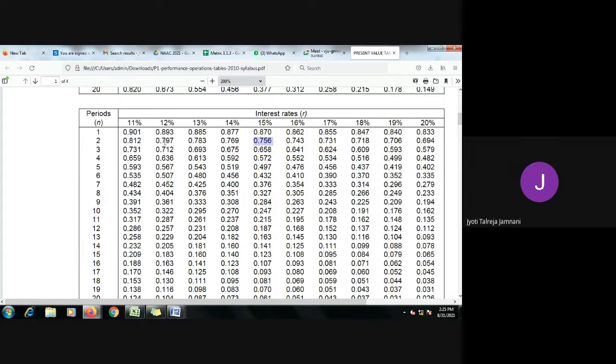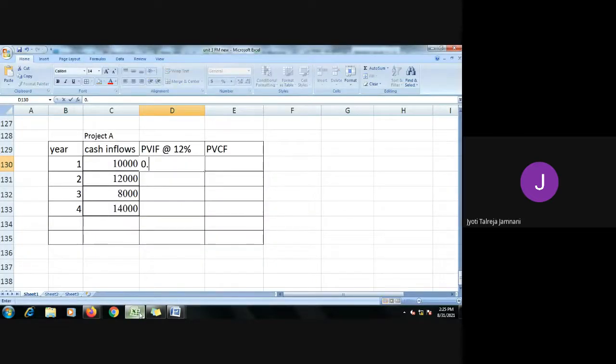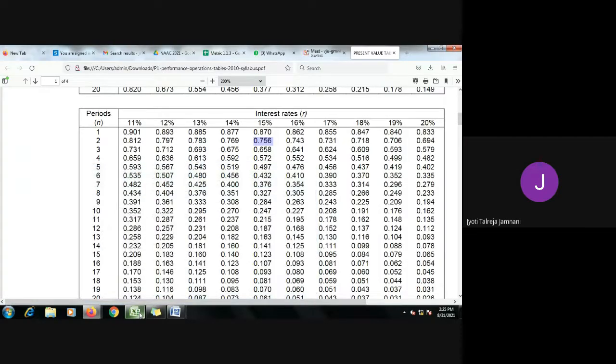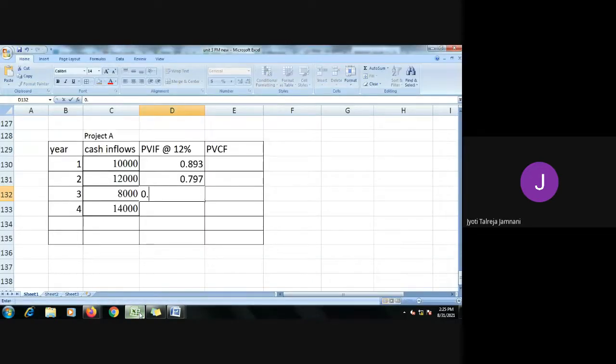See this second column. For first year, it is 0.893, 0.797, then we have 0.712 and 0.636. So these are the rates.